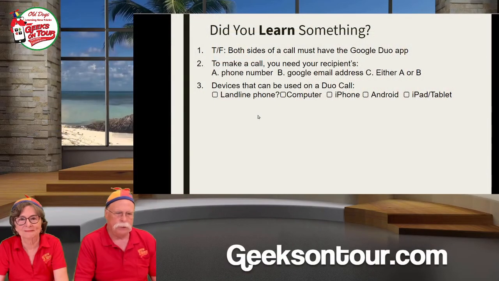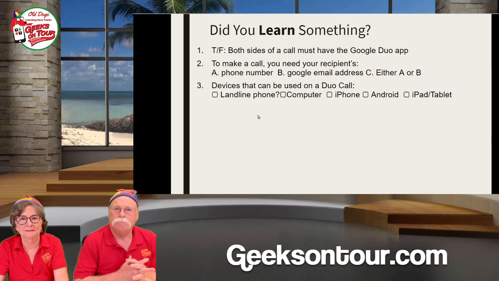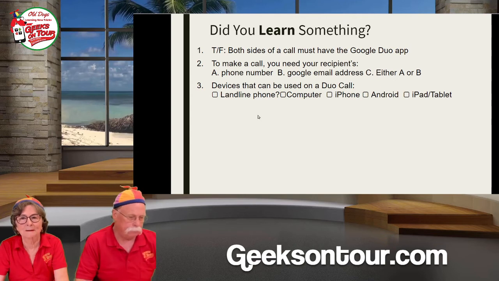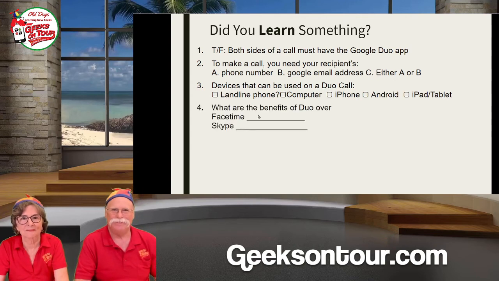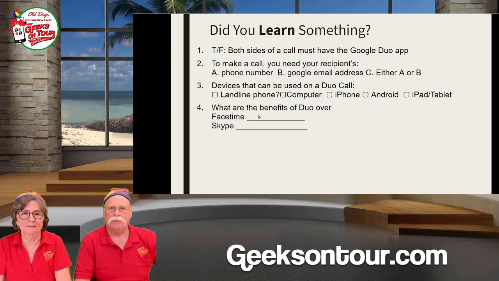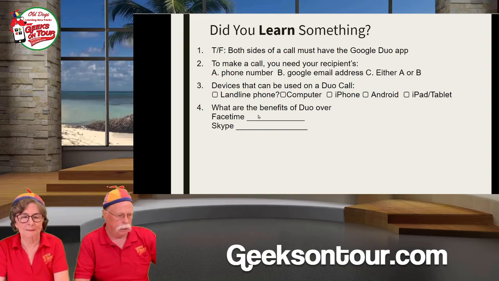Okay. So devices that can be used on a Duo call. Landline phone? Computer? iPhone, yes. Android, yes. iPad, tablet? Yes, indeed. And what are the benefits of Duo over FaceTime?